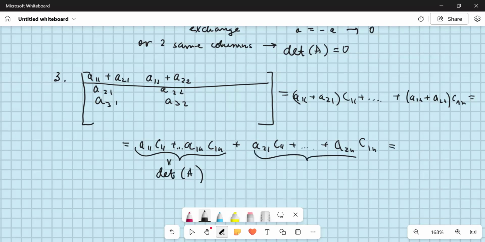What is going to happen with this part, guys? What you have are cofactors actually. You have cofactors of the first row and you multiply them by elements of the second row.